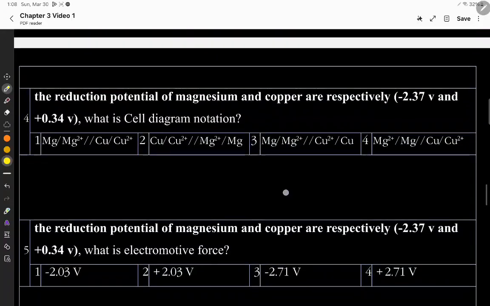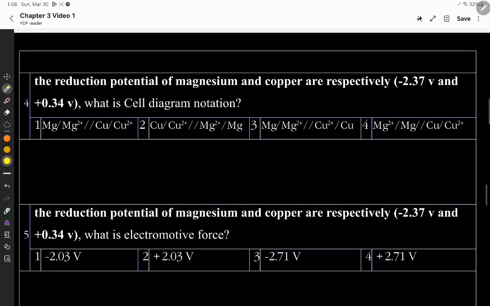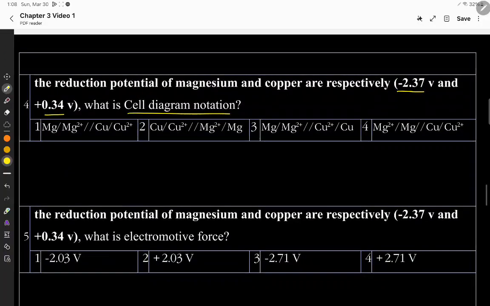Let's see here the fourth question. It can tell you the reduction potentials of magnesium and copper, respectively. What is the cell diagram notation? The cell diagram notation is going to involve oxidation of magnesium and reduction of copper. It has to be anode before and after, cathode before. No, this is cathode after. Cathode, no, because copper is the cathode.